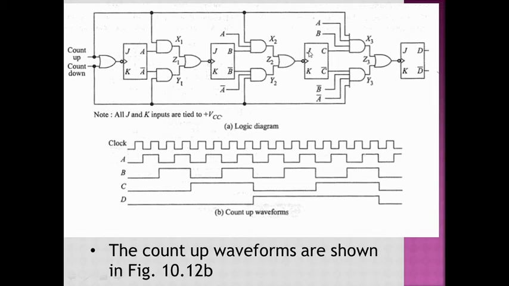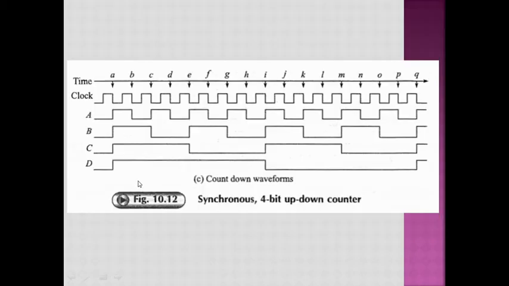So flip-flop C is going to be toggled whenever A is low, B is low and the next negative edge of the clock pulse hits flip-flop C. You can see in the waveforms, when A is low and B is low, A bar is high and B bar is high.